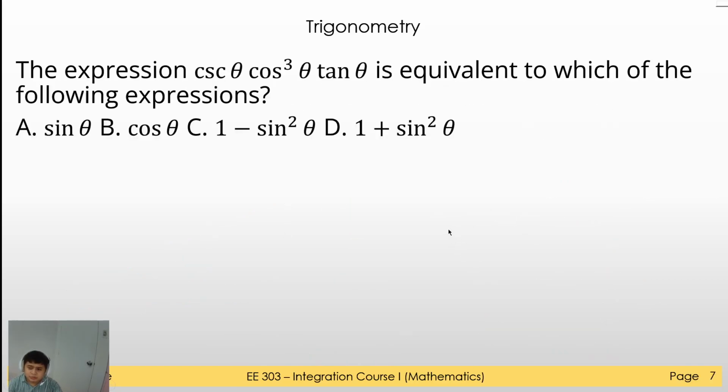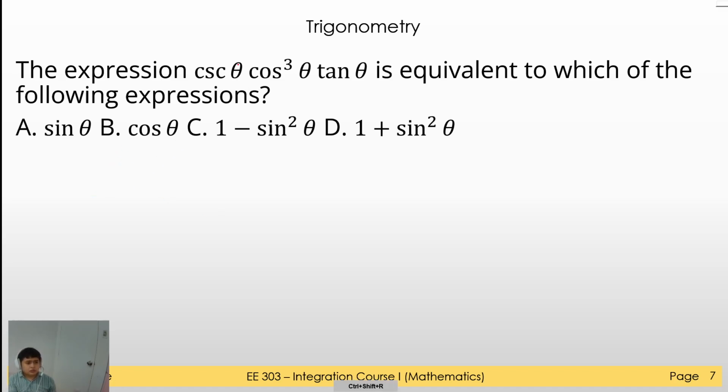Now, the expression cosecant theta cosine cubed theta tangent theta is equivalent to which of the following expressions? We are given a product of trigonometric functions, and we want to figure out which of these four choices is equivalent to this original expression. So let's try simplifying it into one of these four choices.